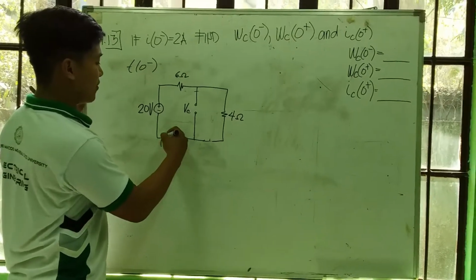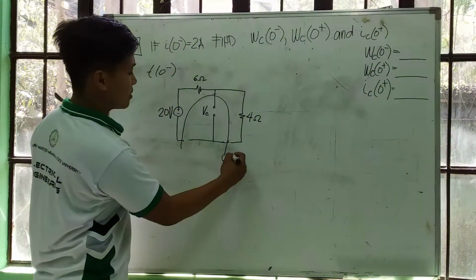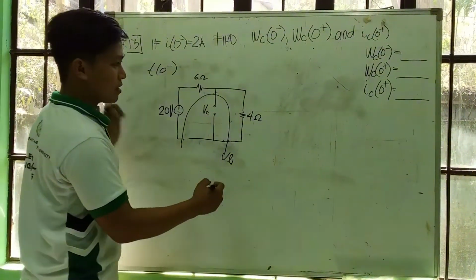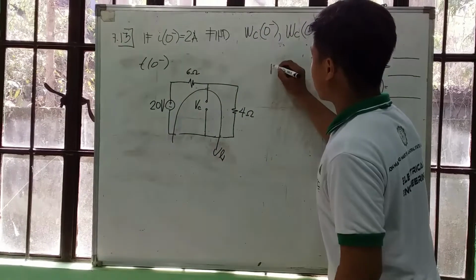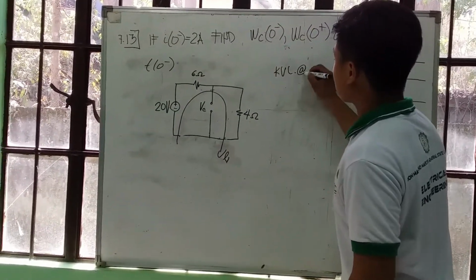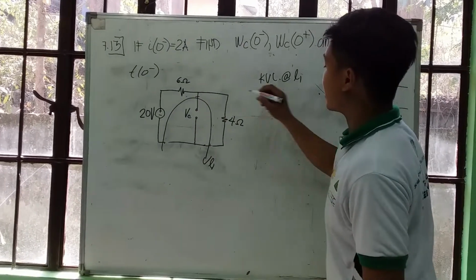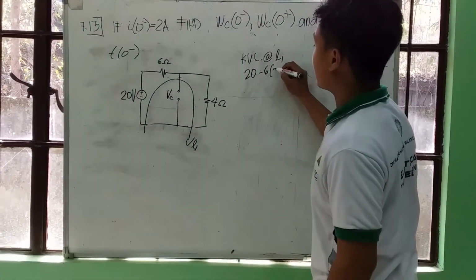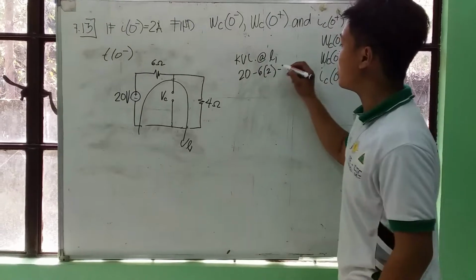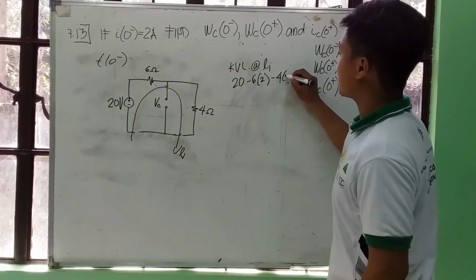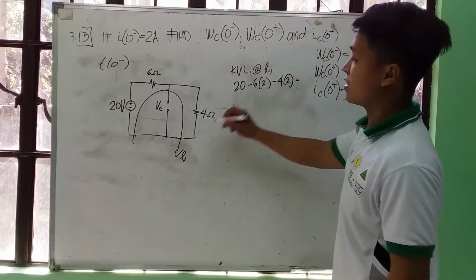We should get the KVL at loop 1. At loop 1, 20 volts minus 6 times the current 2 amperes minus 4 times the current 2 amperes equals 0.